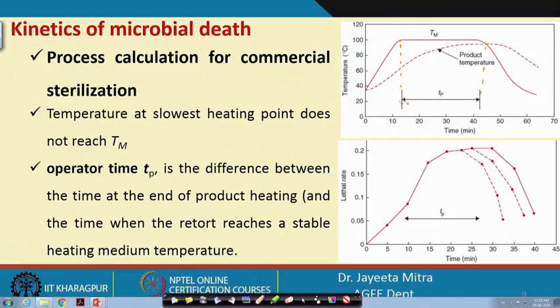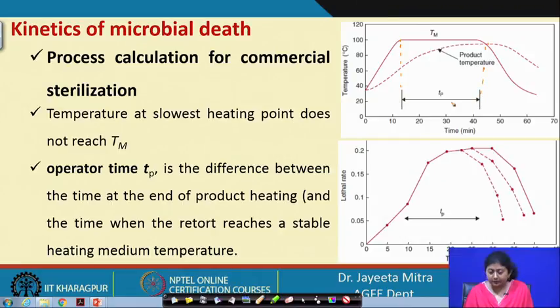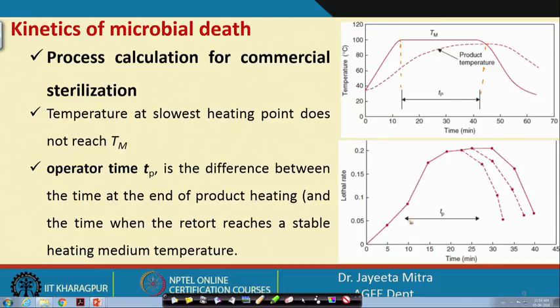That time is called the operator time Tp. Now, beyond that, it can again start decreasing or lowering, that depends on the condition.